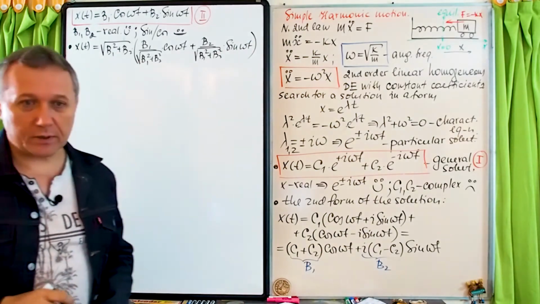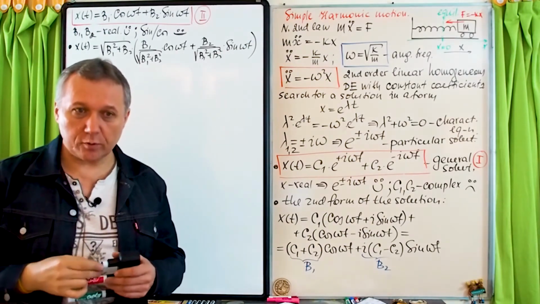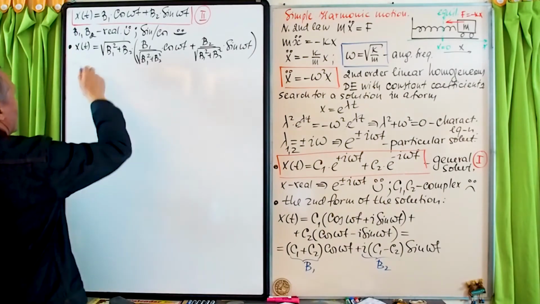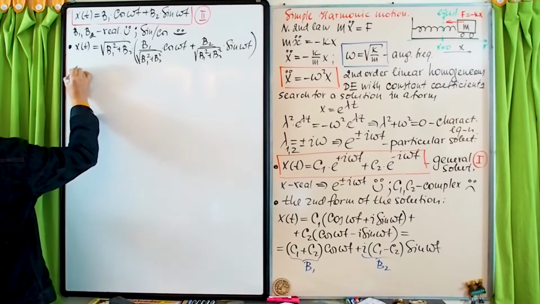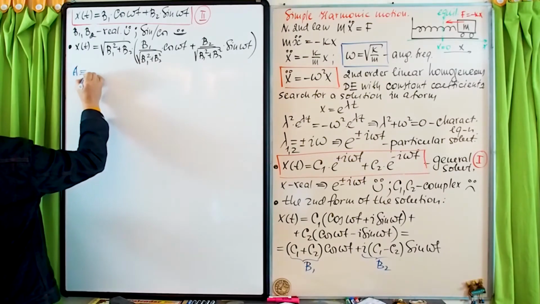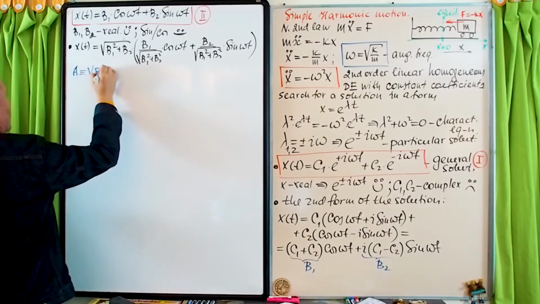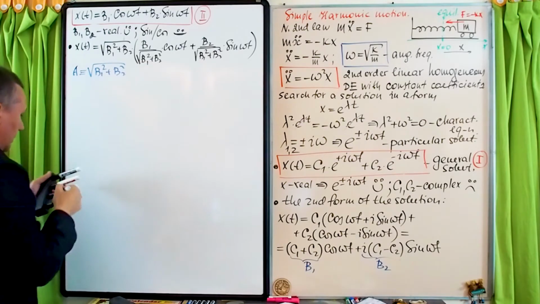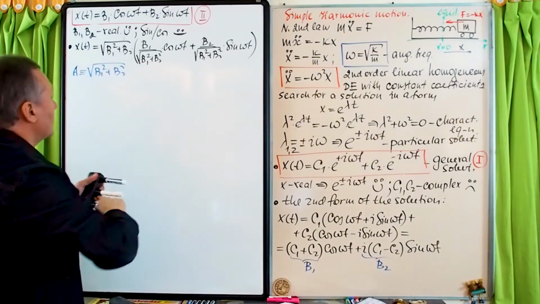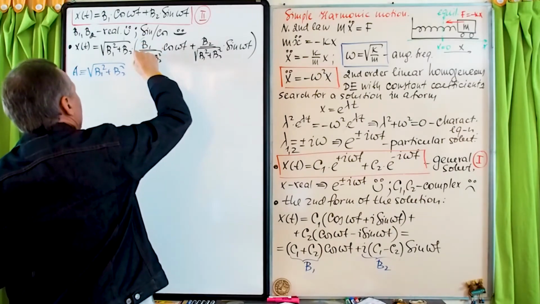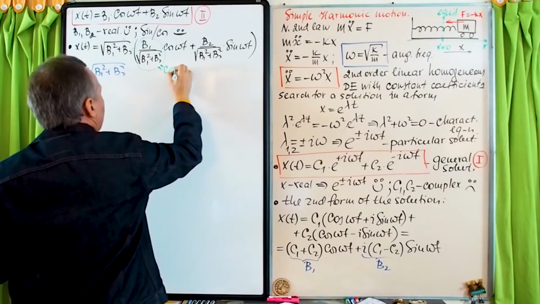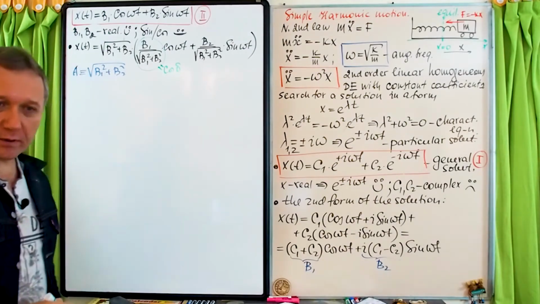So now it's time to introduce new constants. Of course, the first one, this A. So let's introduce A, the square root of b1 squared plus b2 squared. And now this construction, let me call it cosine of delta. Delta will be the second constant.